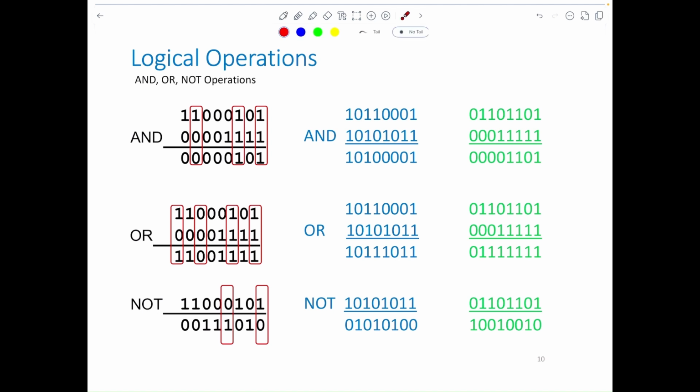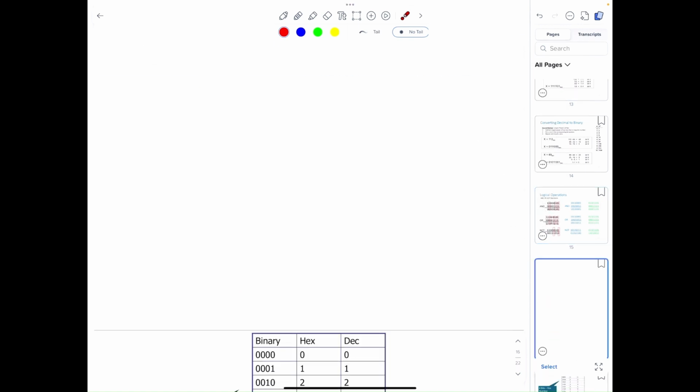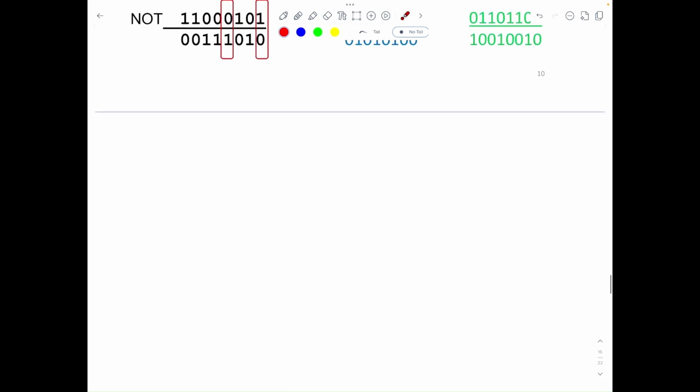Okay, in this case, there are 3 common basic logical operations we use in computing systems. One is AND, another one is OR, and another one is NOT. Let me explain this, and then we will go through in detail later.